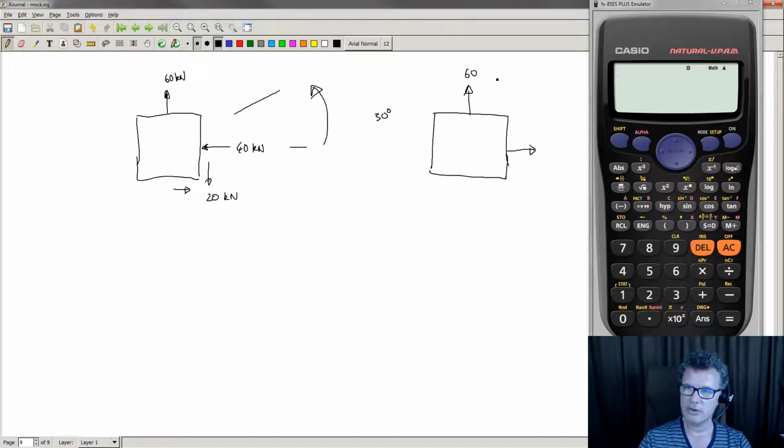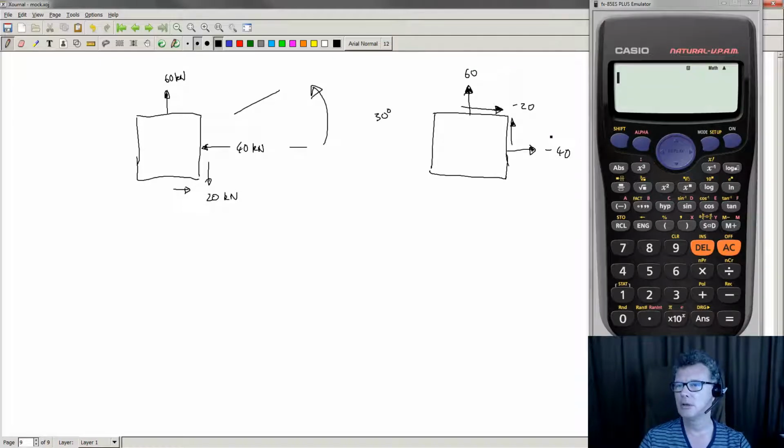So 60 is fine. 40 is going inwards, so we'll make that minus 40. And then on top, you want your stress to be going in this direction. Actually, they kind of draw them like this, with half arrows. The shear stress, sorry, is going in the opposite direction to this, so we'll make this minus 20.